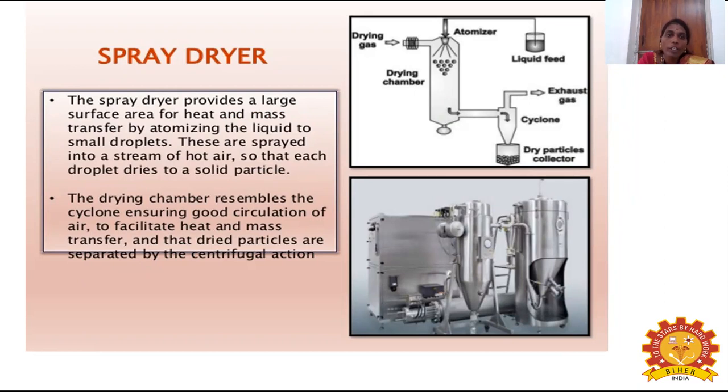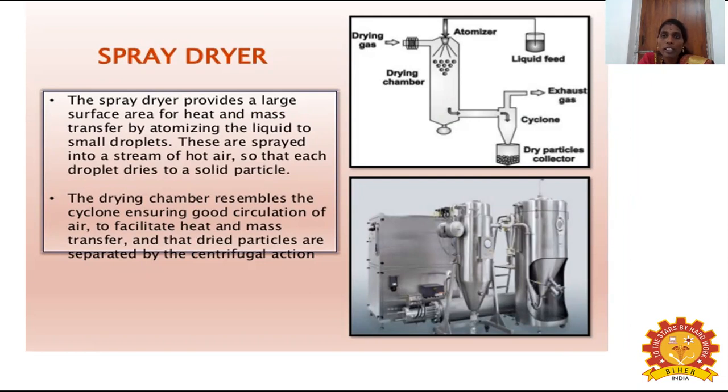These are sprayed into a stream of hot air so that each droplet dries to a solid particle. The drying chamber resembles a cyclone, ensuring good circulation of air to facilitate heat and mass transfer, and the dried particles are separated by centrifugal action.